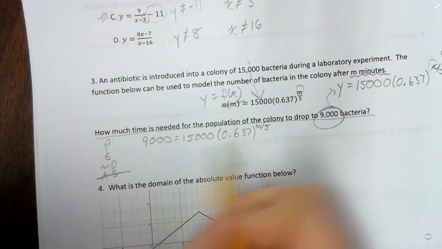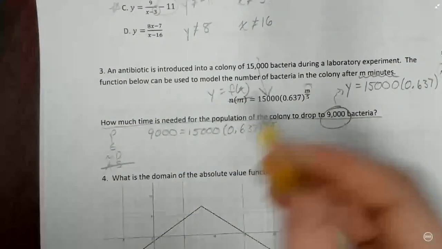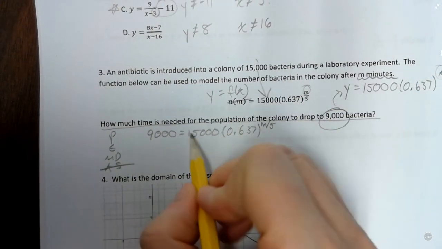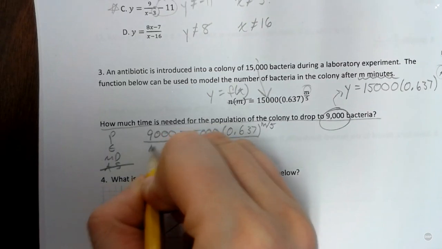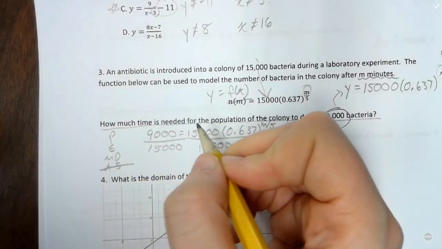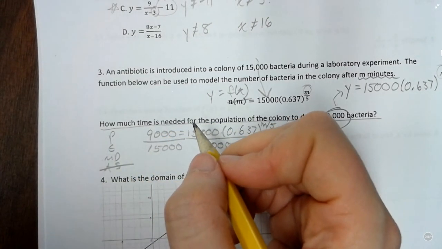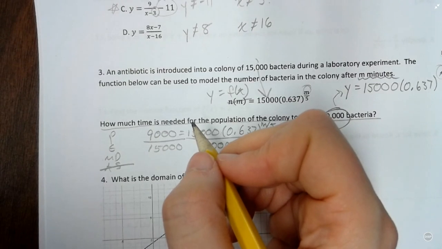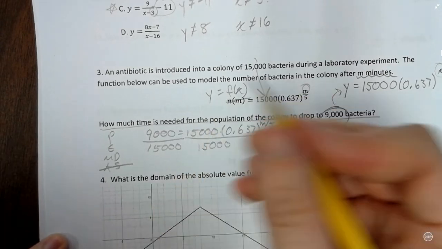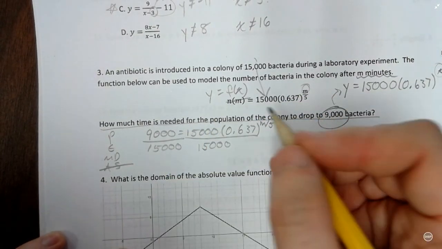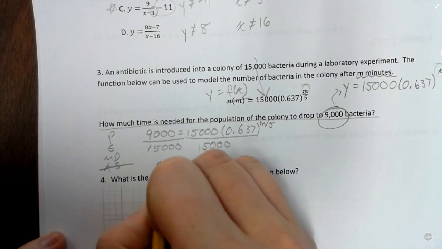So there's nothing here I could add or subtract to get rid of, but there is something that's being multiplied right here, which means I can divide it away. So, and it's 3/5, which is 0.6.